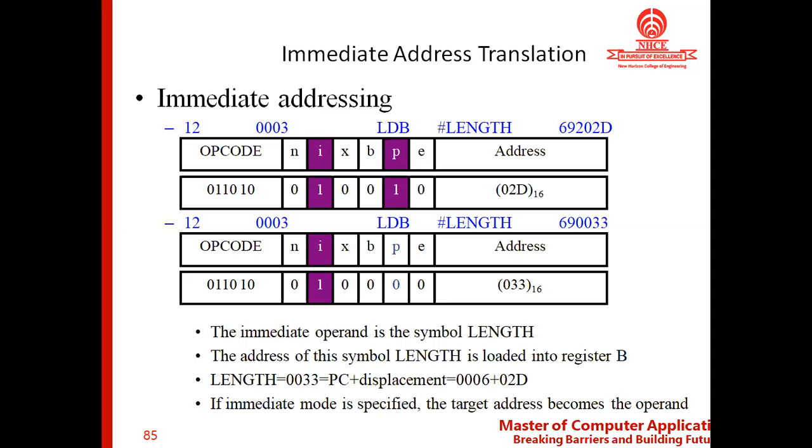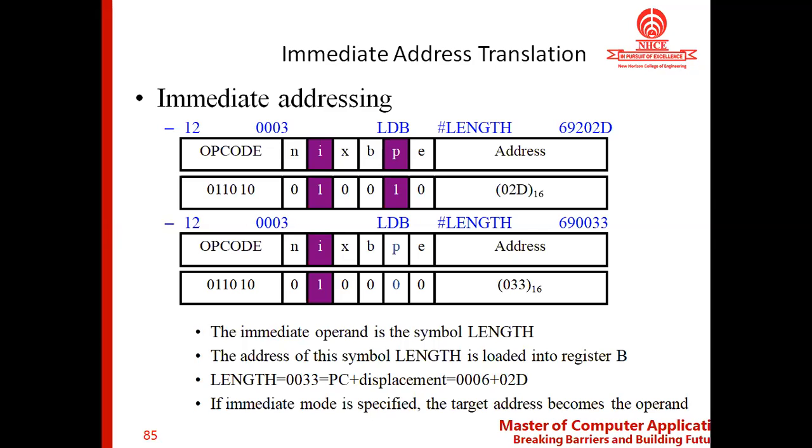TA is LENGTH, that is 0033, and PC has the value 0006, which gives you 02D as the displacement.